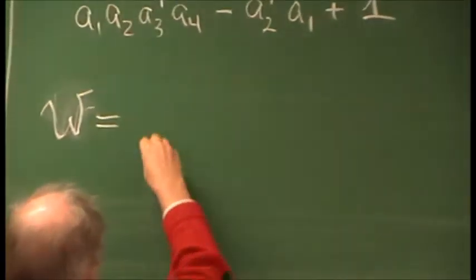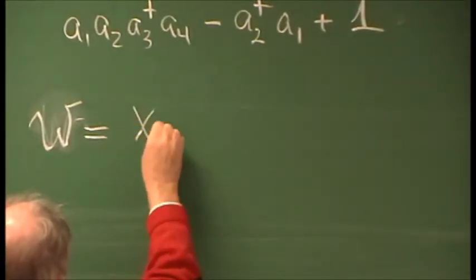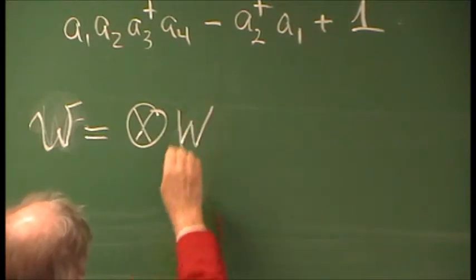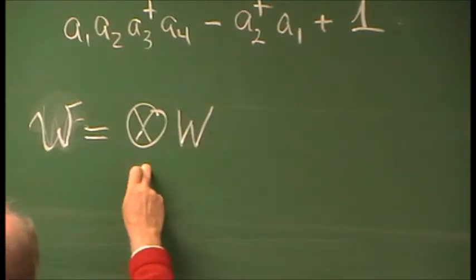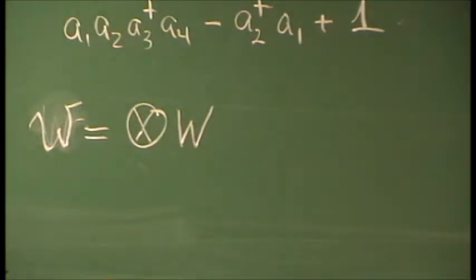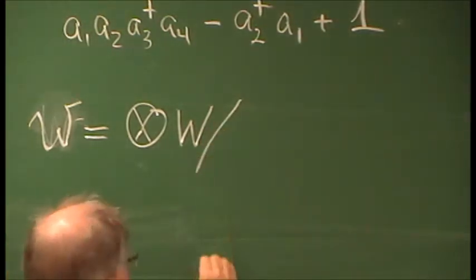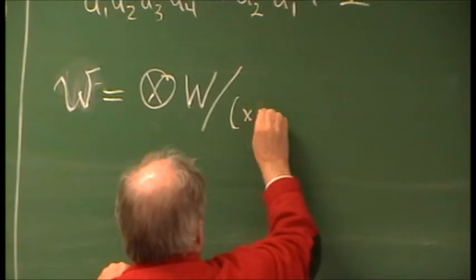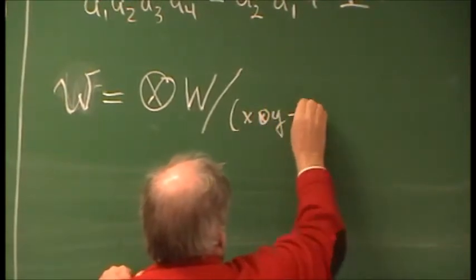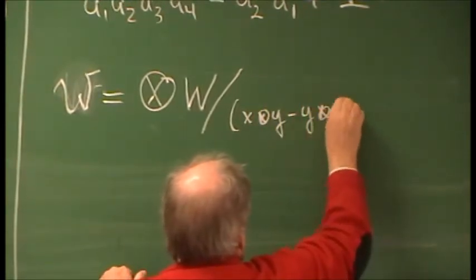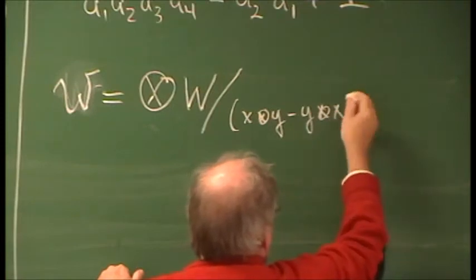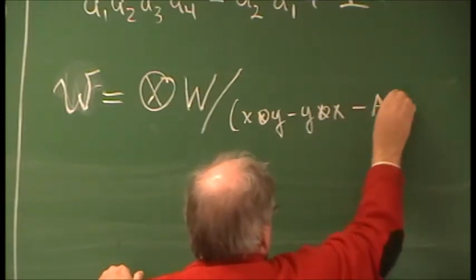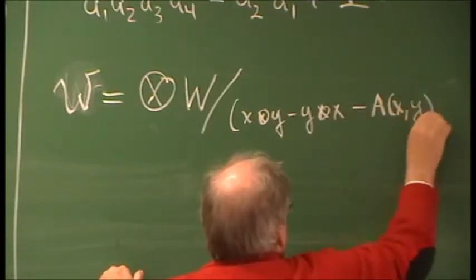equals the full tensor algebra of W. Here the unit is automatic, so I don't have to write 1. Modulo the relation. Well, the relation is x tensor y minus y tensor x should be equal to a of xy times 1.